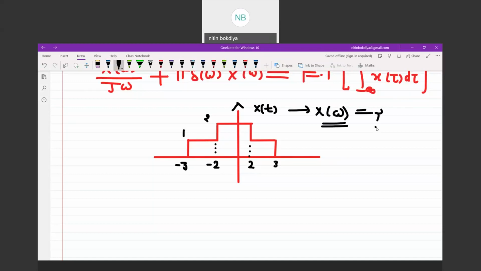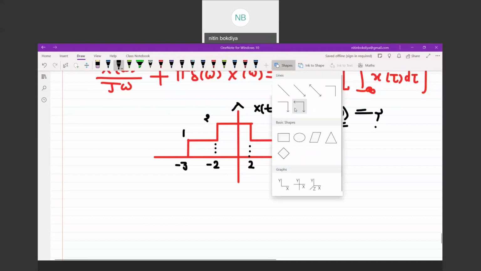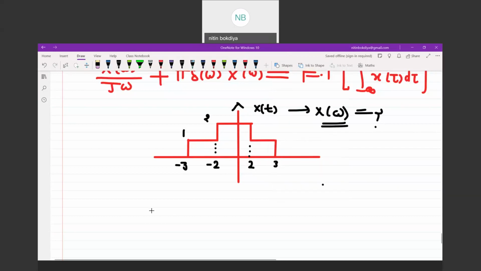So let's approach this question. How will we approach it? We will not go by the formula. What we'll do is just split this. Can I say I can split this into two parts?